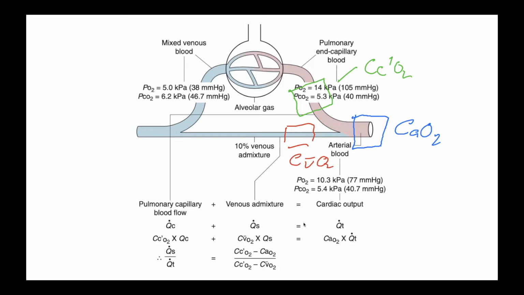And this represents your shunt, okay? And this represents your pulmonary end capillary blood. So that's how the formula is derived. Again, you don't need to derive the formula, but I think it is important to understand where the mathematics of it comes from. Hopefully the diagram is also able to show you that diagrammatically as well.